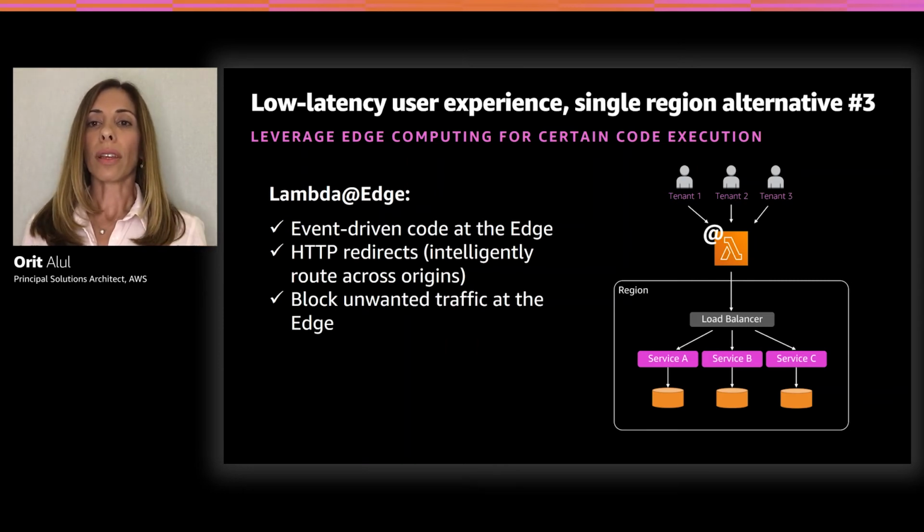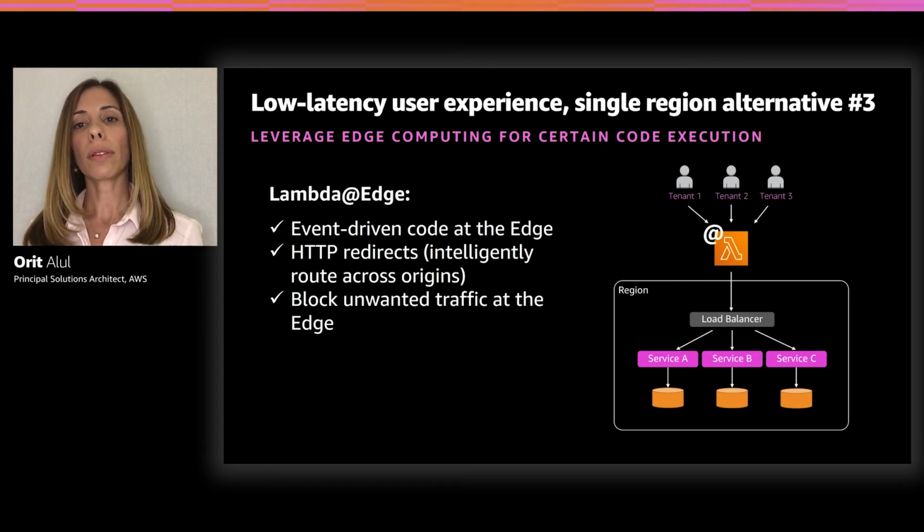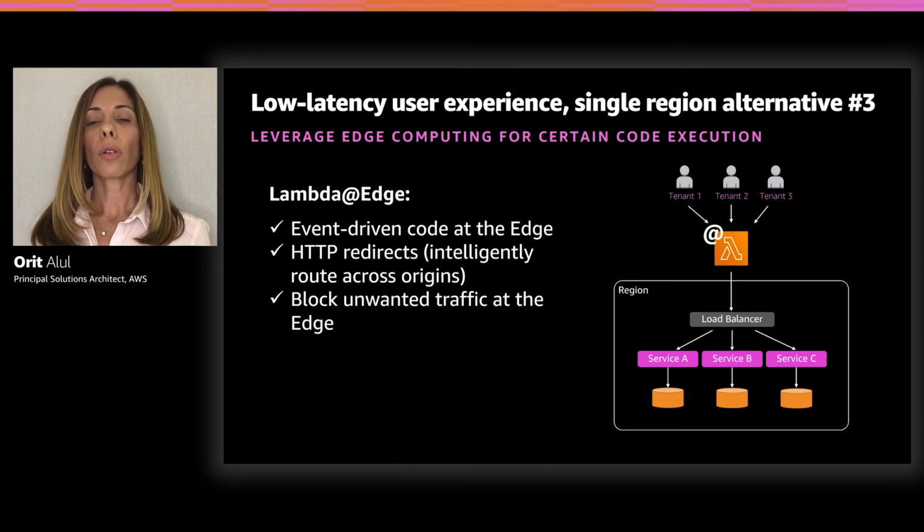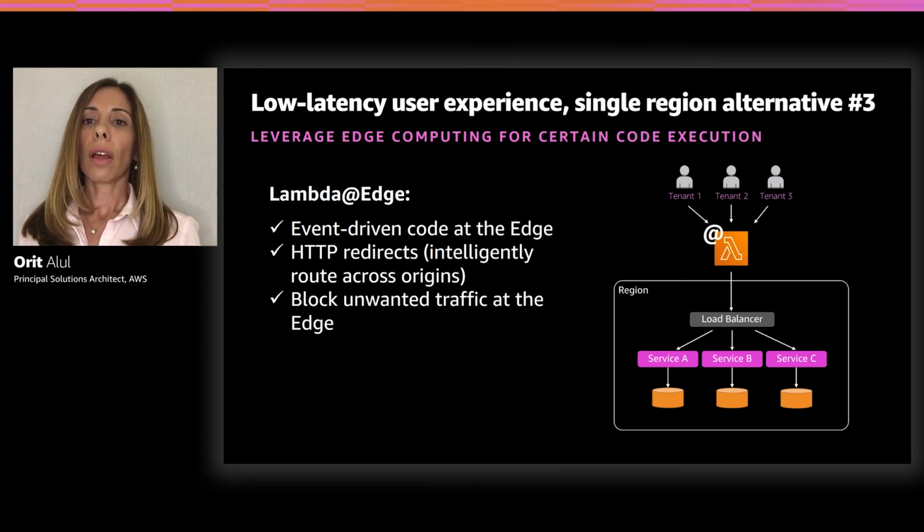So for this use case, we can take the computation that requires low latency and run it using Lambda at Edge. Lambda at Edge is an extension of the AWS Lambda service, a serverless computation service that enables executing functions at AWS locations around the globe which are closer to the end user.